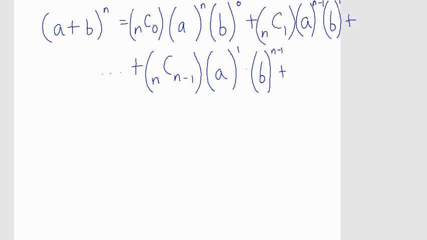Let's see if I can squeeze in this last term. Plus n choose n times a to the power of 0 times b to the power of n.